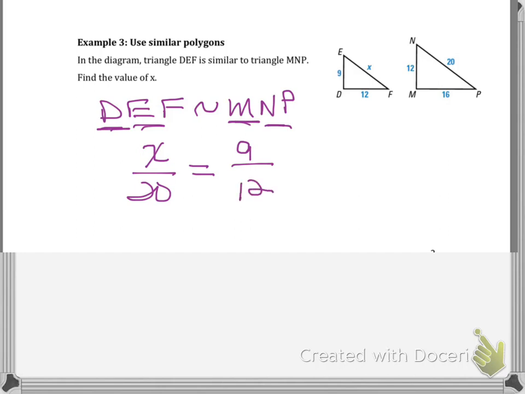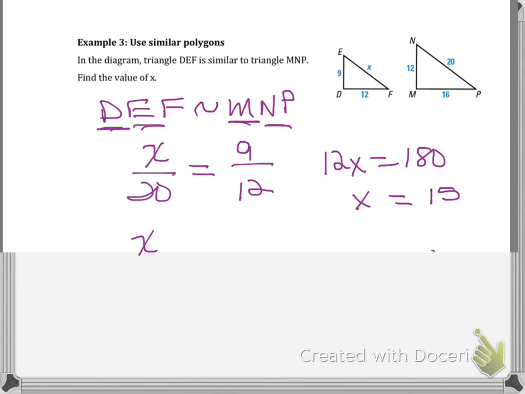Okay, so now a couple of things. You could just do the cross products, and if I did that, I would have 12x equals 180. And then I could solve for x. So 180 divided by 12, using your calculator, I'm getting 15 for my x. Okay, so x is 15 in this situation.